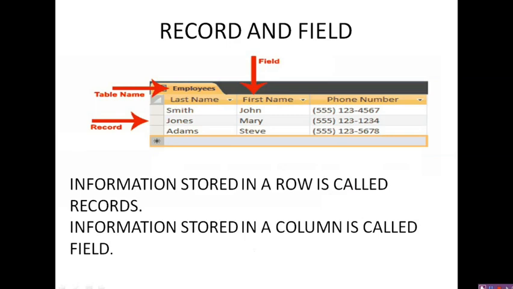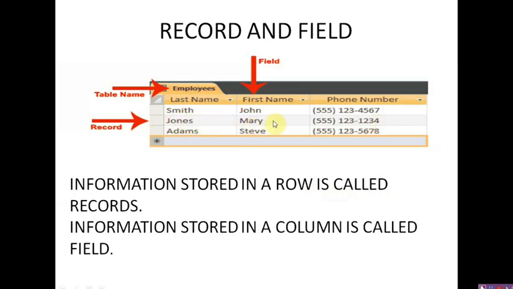Next, information is stored in a row. Information stored in a row is called a record, like Jonas, Mary, 555, 123, 1, 2, 3, 4.